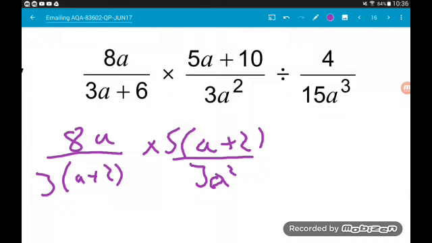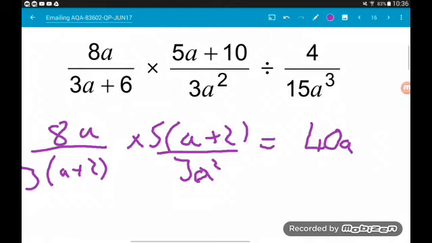But what we can do before we worry about this third fraction is combine this and simplify a little bit. So up on top, 8a times 5 lots of a plus 2 would be 40a times a plus 2.